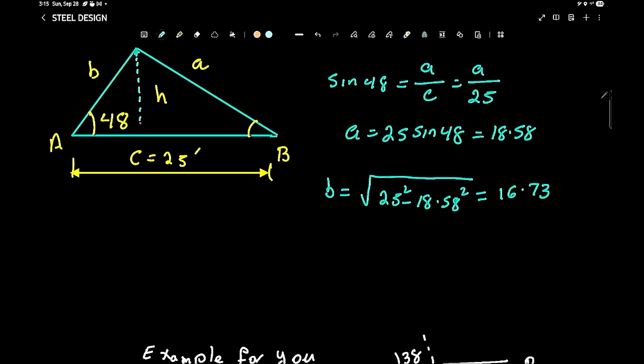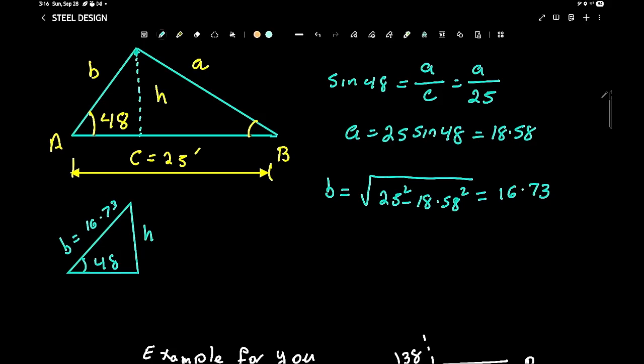Now you got another triangle, and so you got two different triangles here. I'm going to bring that down. If this is our H, this is still a 48, and this is a B, which we just calculated, came out to 16.73, and that's a hypotenuse for this right triangle.